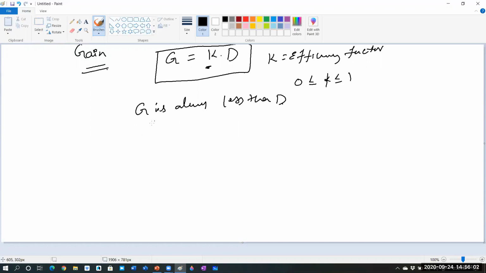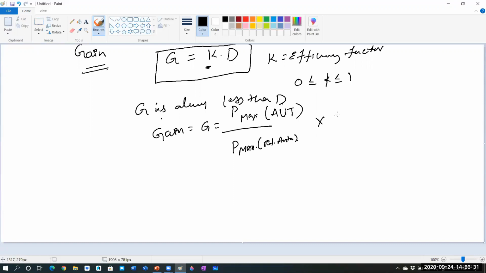Another formula for gain: G equal to the P max of the antenna under test by P max with a reference antenna, into G of the reference antenna.